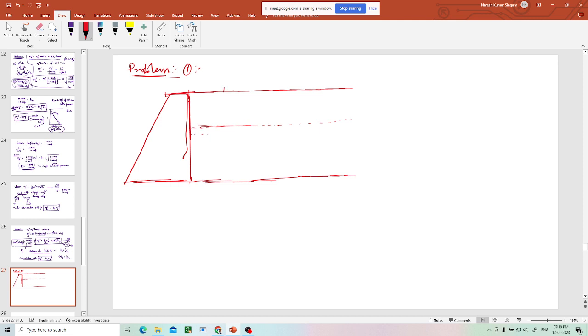This is 3 meters, this is 4.5 meters. The first layer has friction angle phi1 of 30 degrees and gamma value of 18 kilonewton per meter cube, whereas the second has friction angle phi2 of 20 degrees, and gamma saturated value is given as 24 kilonewton per meter cube.